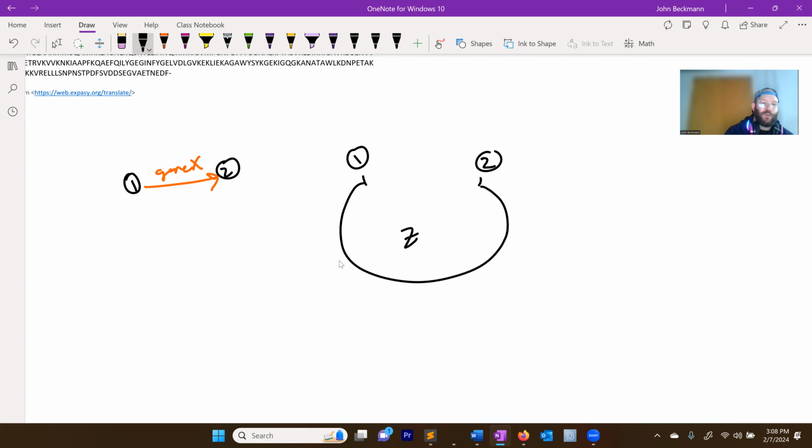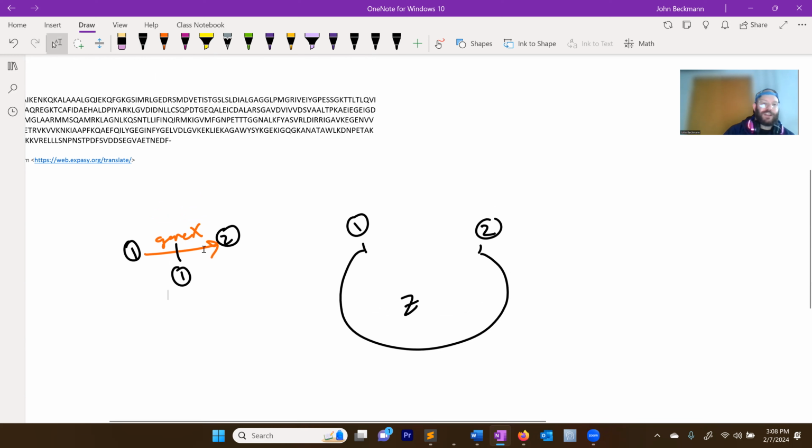But if there's a problem where one of these has an internal restriction site in gene X, you can use site-directed mutagenesis to remove that restriction site by changing the codon to what's called a silent mutation. What's a silent mutation? Yes. Well, it will change the codon, but it won't change the amino acid because there's multiple codons for a given amino acid.